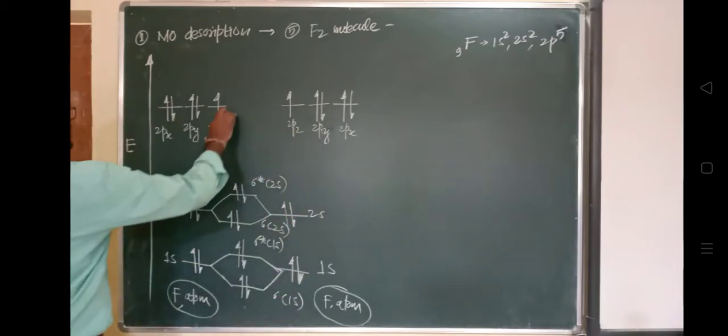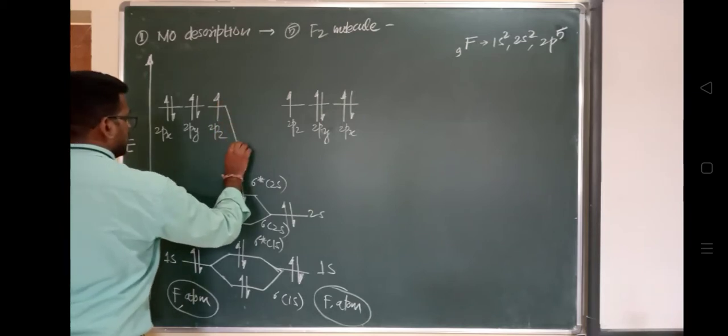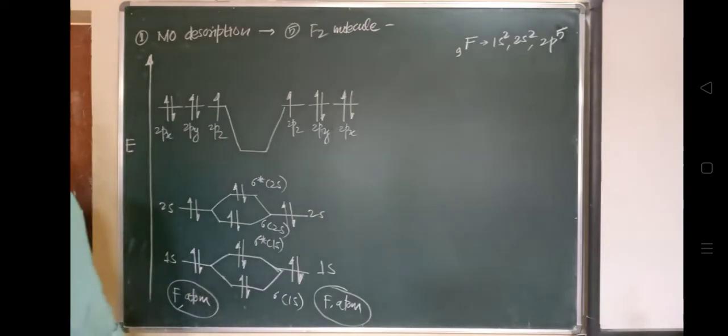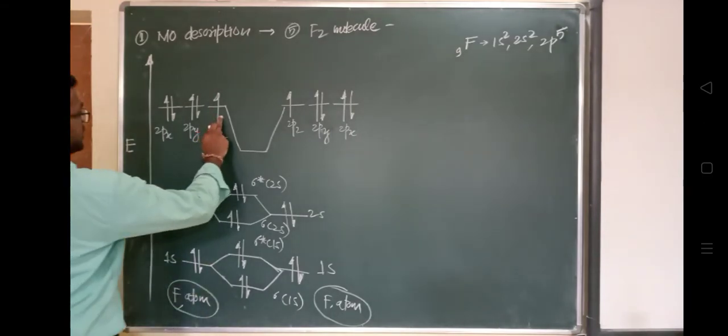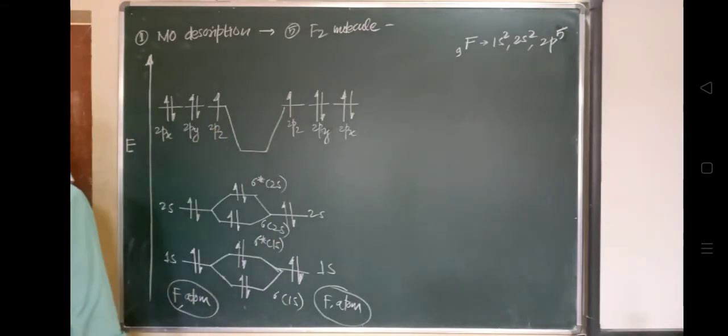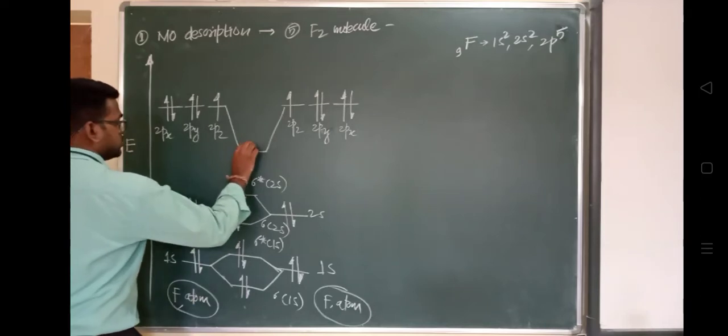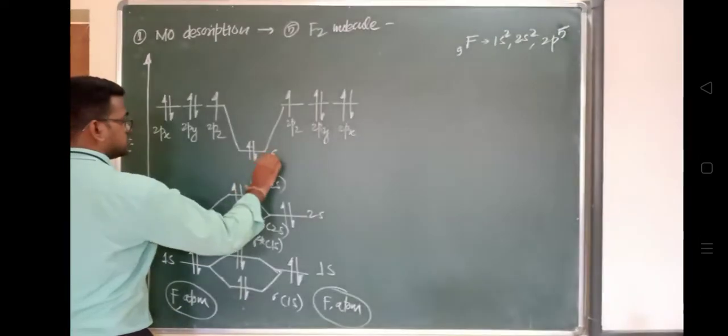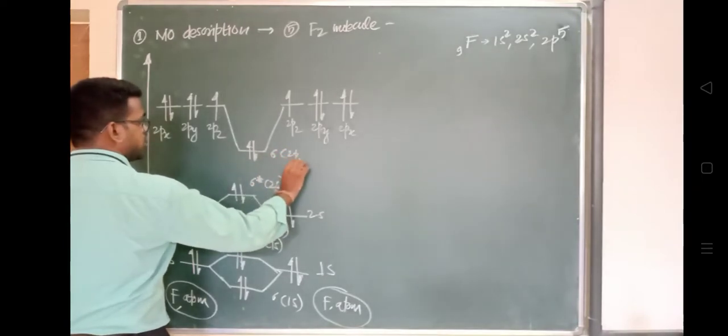Now we'll see what it is forming. It is forming a 2pz orbital. One electron from this and one electron from this get combined to form the sigma 2pz orbital.